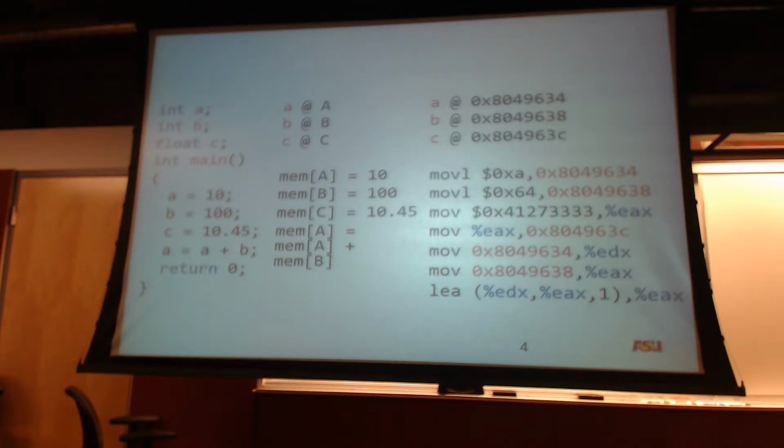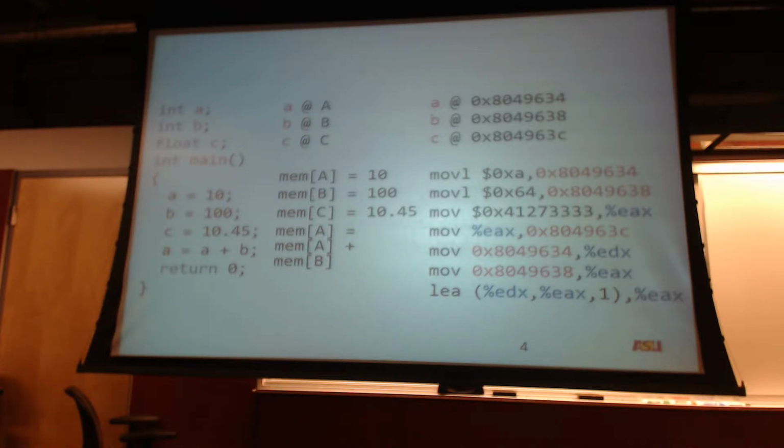So what is A? This is A. What is B? This is B. And this is C. So that is what this instruction computes. So AB plus C means it multiplies EDX with 1 and adds whatever is in EAX, and it puts the result into the register EAX. That is the function of LEA.